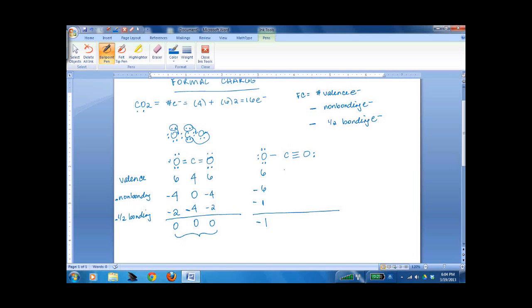Carbon, 4 valence electrons. Non-bonding electrons, 0 again. And here 1/2 number of bonding electrons, 1, 2, 3, 4, 5, 6, 7, 8, times a half is 4. That's a subtraction, 0. Oxygen, 6 valence electrons. Non-bonding electrons, look at them here, we have 2.